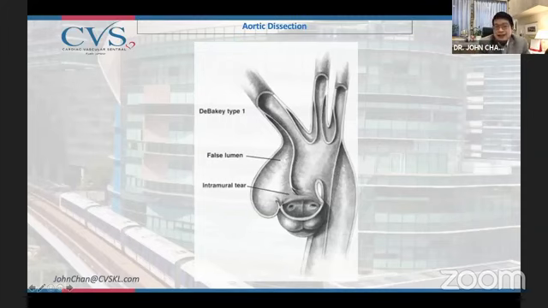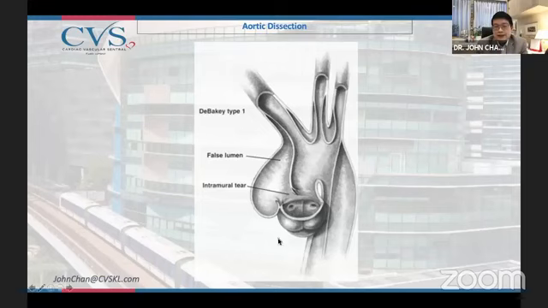And of course, the main risk of this condition is that if it's not treated urgently, the remaining layers of the aorta may also tear. And if that happens, then of course the patient will not survive. And the other thing which can happen is the tear may occur with leakage of blood into the pericardium, causing pericardial tamponade. And that would again be a cause of mortality.